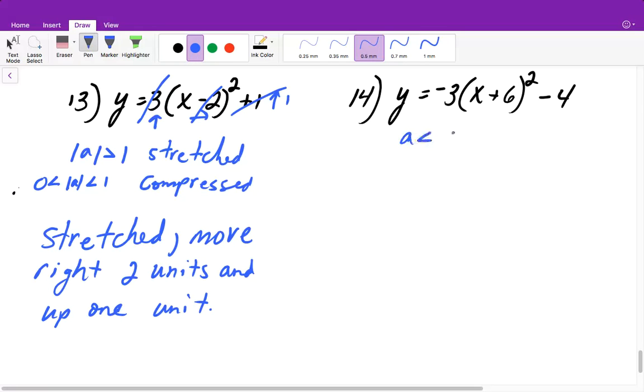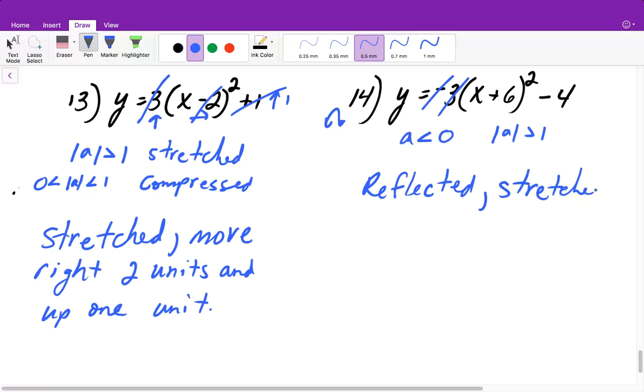Remember, if our A is less, so for 14, if our A is less than 0, that means it's reflected. So this first one here, we will be saying reflected, because it's letting us know that our graph is now facing downwards. Same thing as before, when the absolute value of A is greater than 1, that means it's being stretched. So this 3 tells us it's reflected and being stretched. This plus 6 means we're moving to the left 6 units.